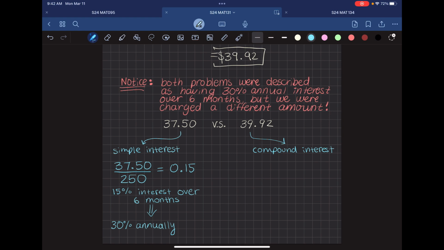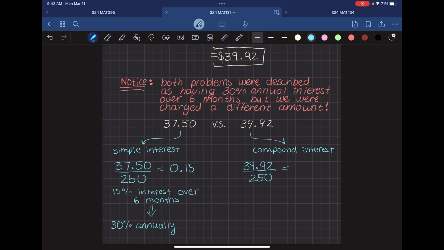For compound interest, to figure out what real percentage we made in 6 months and the approximate percentage we made annually, we'll do the same thing. We'll take the interest that we earned, $39.92, and divide by the amount that we invested into the account, which is $250.